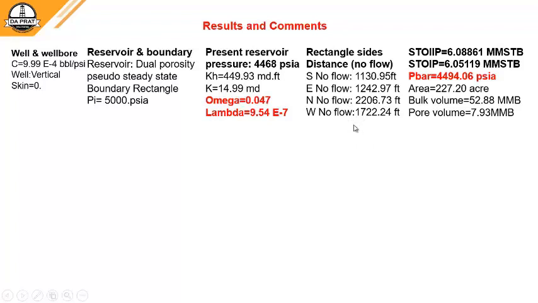But eventually three sides are not equal, but not very far apart. So you got your stock tank oil initially in place, and because you got this area, you're talking about an area of 2 to 7 acres. Your final pressure is 4494.06. That's the pressure at the end of the test, which is this one here.